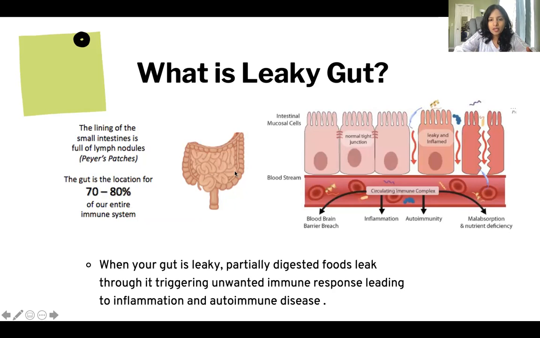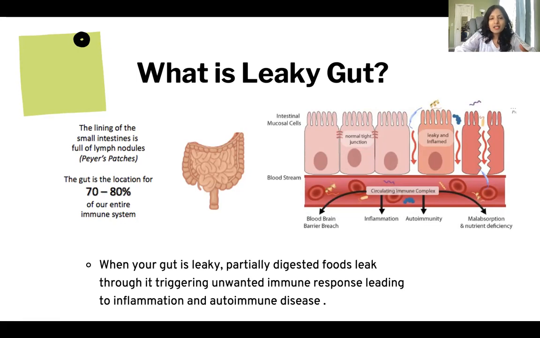This is your small intestine, and this is your large intestine. See how this is coiled like this. And wrapped around that coil are your lymph nodules, which are called Peyer's patches, and that's part of our immune system.